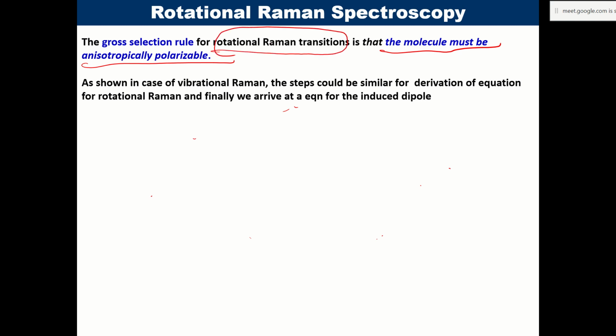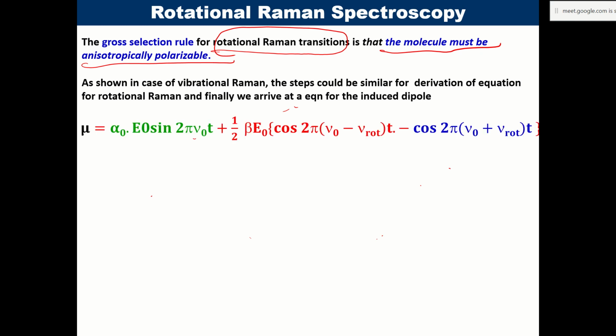Pure rotational Raman spectra can be observed only if the molecule has anisotropic polarizability. We have already derived the equation for vibrational Raman. In the same way, you can write the equation for rotational Raman.